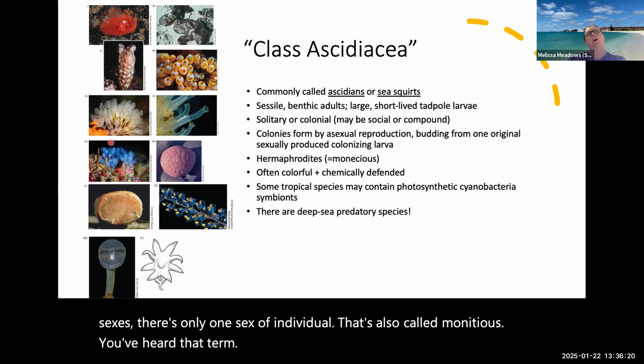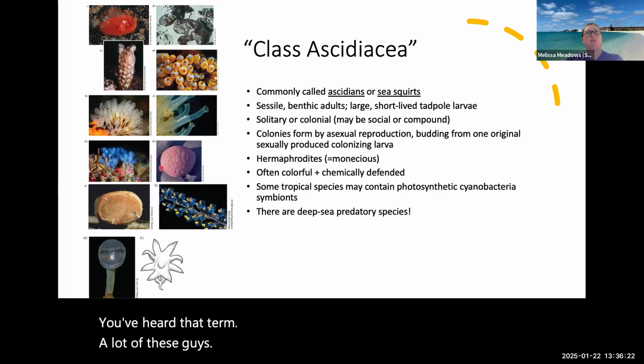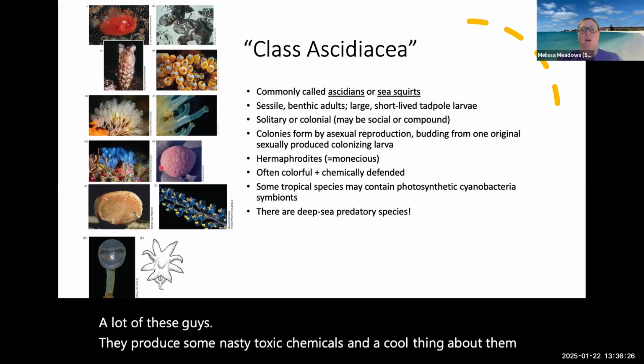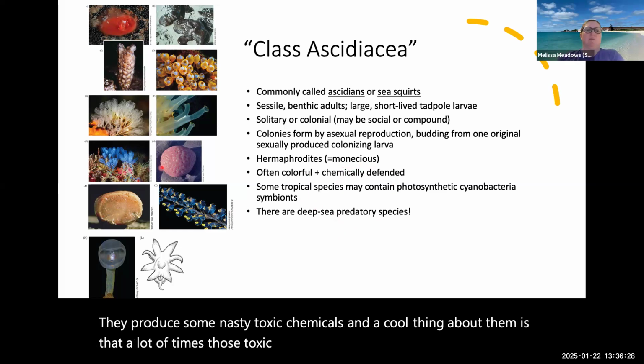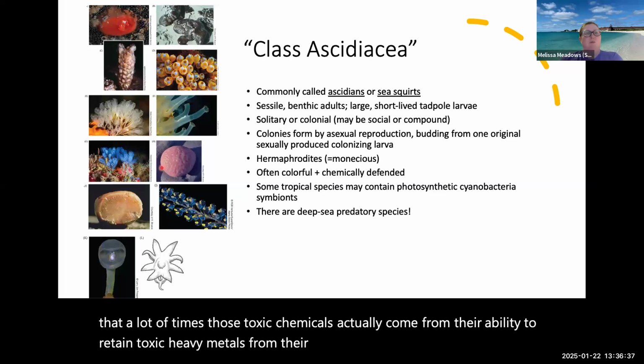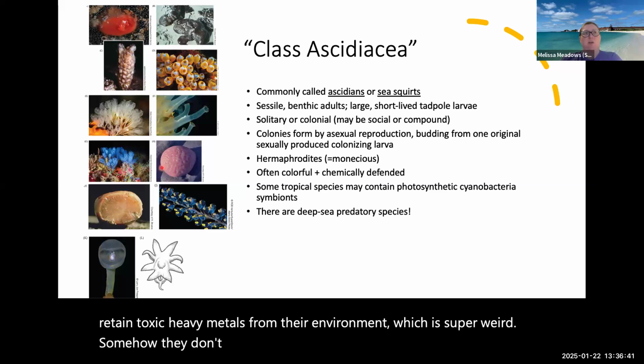A lot of these guys produce some nasty toxic chemicals, and a cool thing about them is that a lot of times those toxic chemicals actually come from their ability to retain toxic heavy metals from their environment, which is super weird. Somehow they don't hurt the ascidian, but they can be super toxic to anything that eats them.